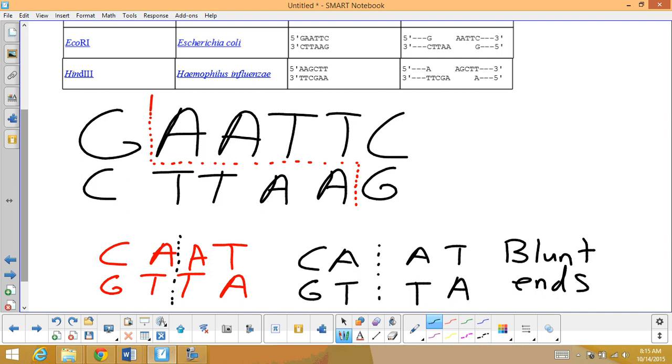Now, on the other hand, HindIII and EcoRI actually don't have blunt ends. And as you guys can see right up here when we did the dotted lines, it didn't go straight down, it cut across and made this zigzag kind of formation.